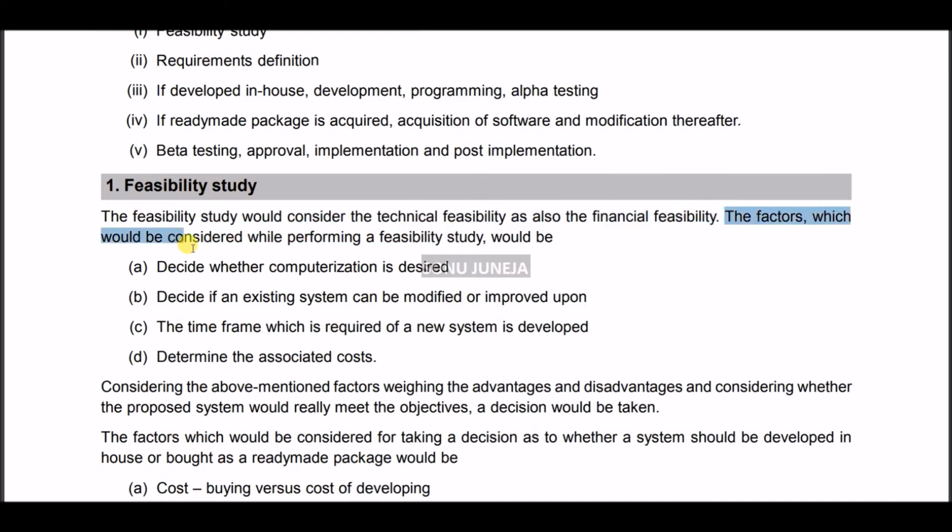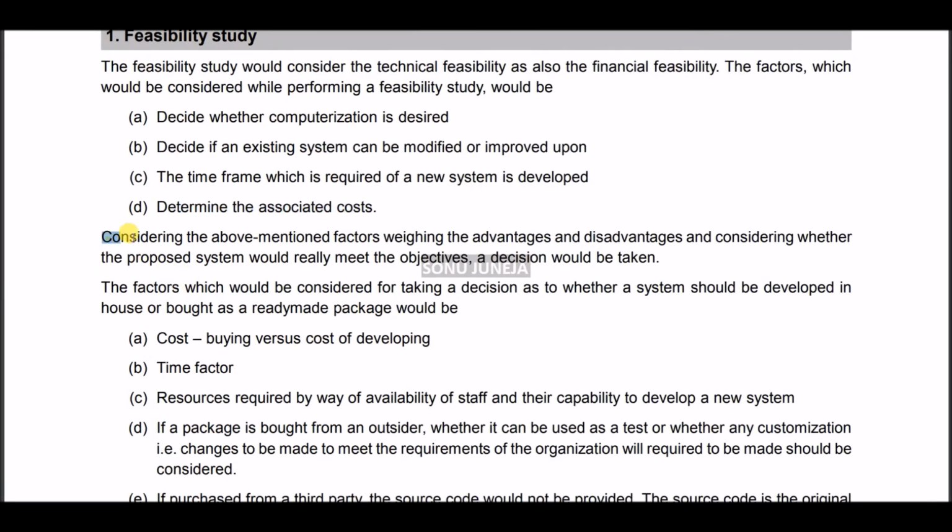The factors which would be considered while performing the feasibility study would be, now while going through the feasibility study, what you need to do is: whether computerization is required or not, whether the existing system can be modified or improved, or you have to buy a fresh one, the time taken for the new system to be developed, the cost associated with it, four things are required. Now considering the above-mentioned factors, weighing the advantages against the disadvantages, considering whether the proposed system would really meet the objective, a decision would be taken.